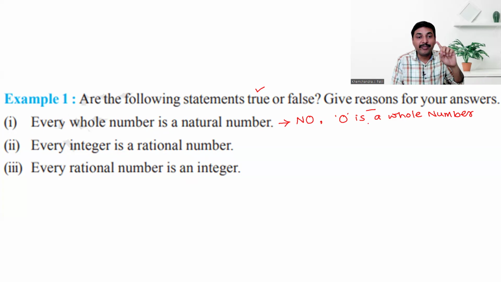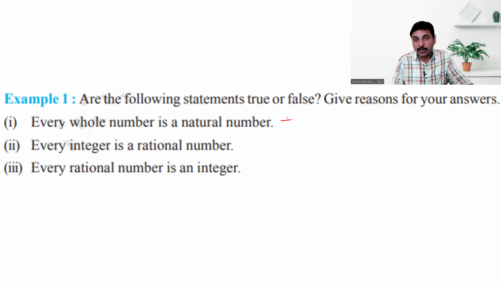So you cannot say every whole number is a natural number. You can say every natural number is a whole number. Yes, this is true, but you can't say the other way. So this is a false statement. Why is this false? Because 0 is not a natural number.